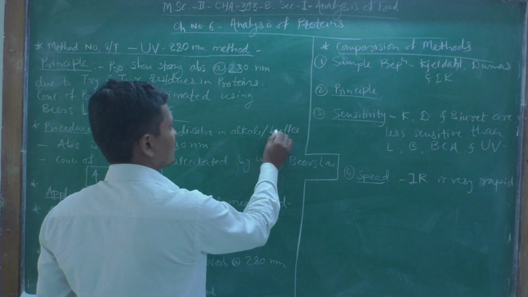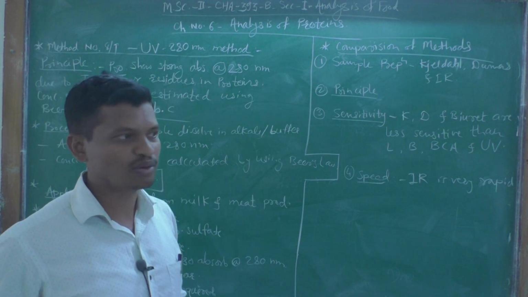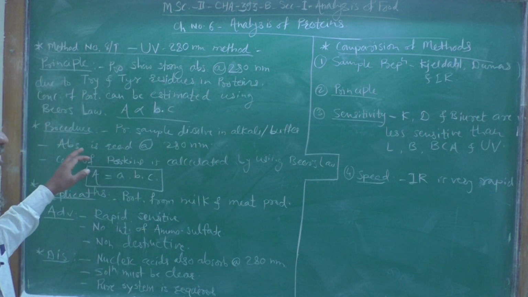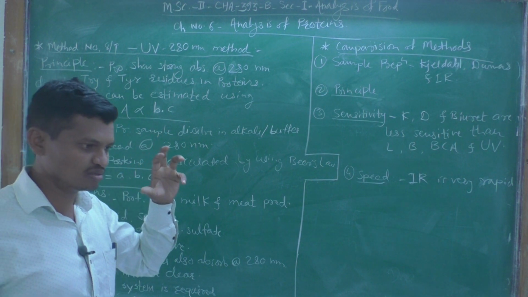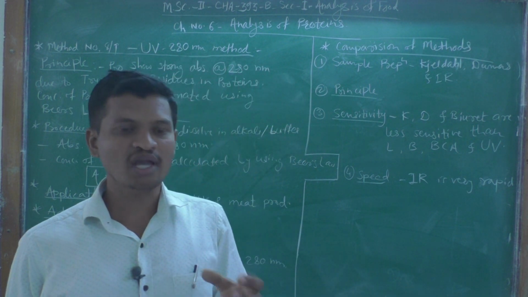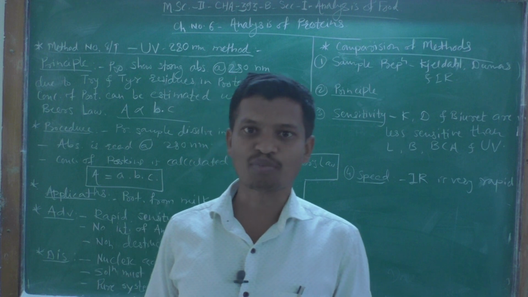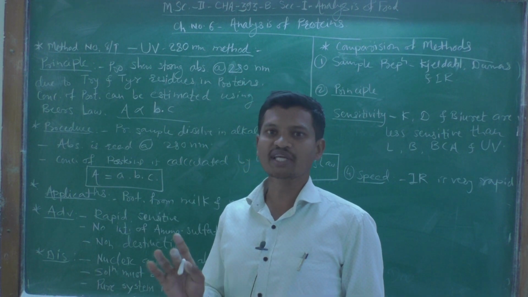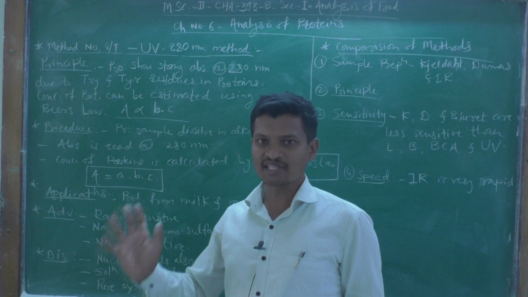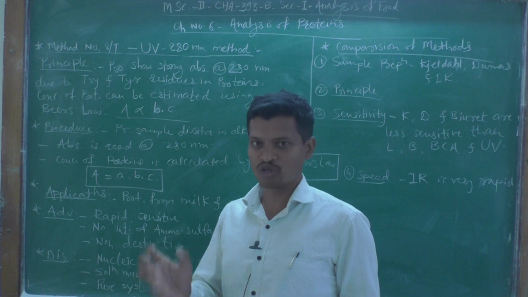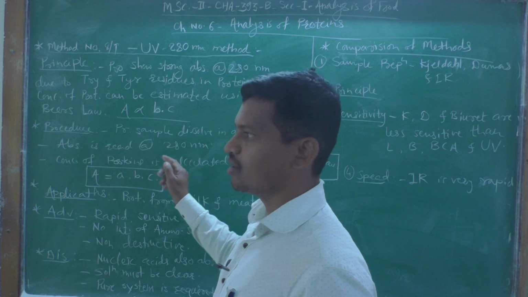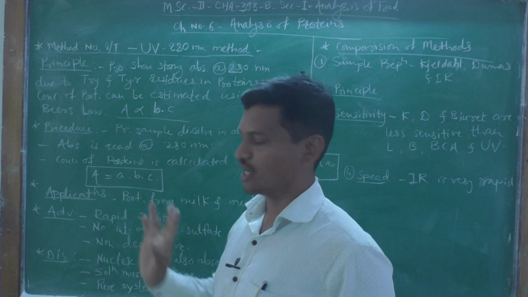Alkali means aqueous base such as NaOH, KOH, sodium carbonate, sodium bicarbonate, etc. Then once the solution is ready, measure the absorbance of this alkali or buffer solution containing proteins at 280 nanometer. So 280 nanometer is the lambda max. At this lambda max value, we have to measure the absorbance of the given protein sample, and the absorbance is noted.